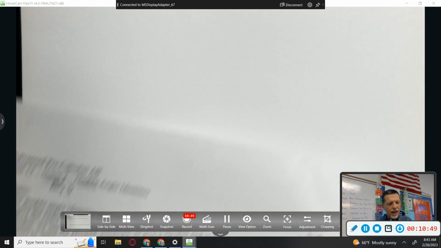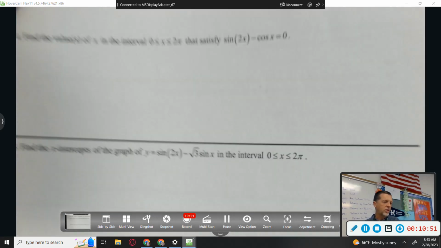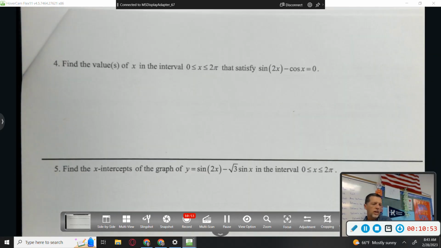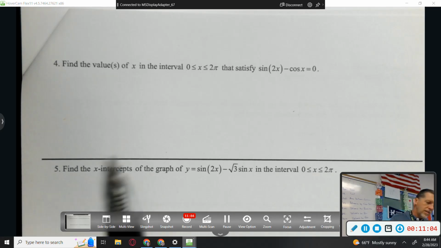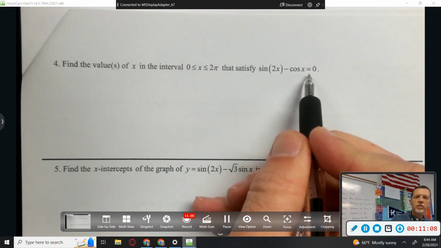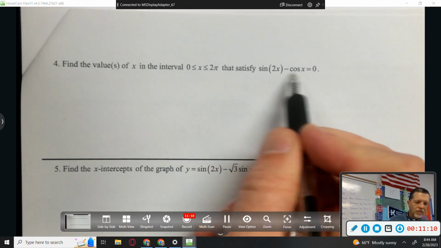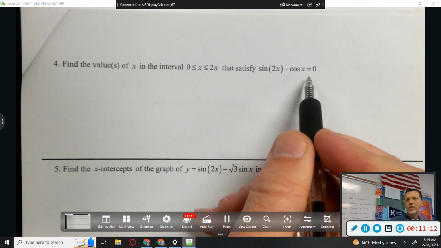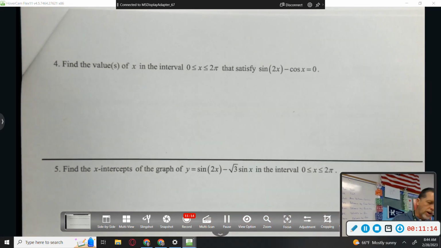Alright, on the back, or on the next page of notes, number 4, this is really similar to the most recent test we did, solving equations, except that there's some tricky stuff at the beginning. Find the value of x on that interval that satisfies this equation. But I can't really solve this equation because it's got sines and cosines in it, and nothing squared.